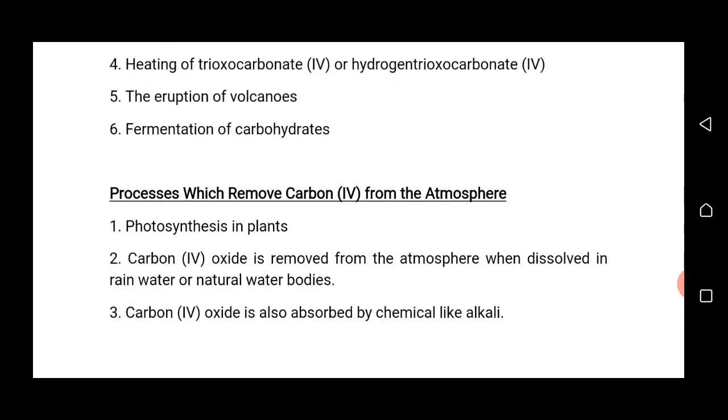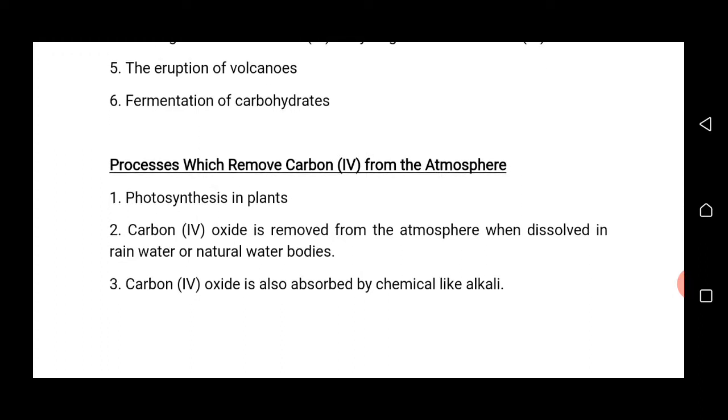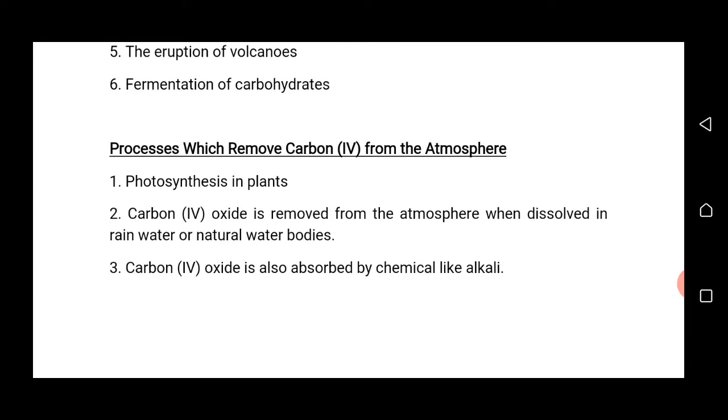Number 5 of the processes which liberate CO2 into the atmosphere is the volcanic eruption, the eruption of volcano. Number 6 is the fermentation of carbohydrates. Fermentation is another process which liberates CO2 into the atmosphere.